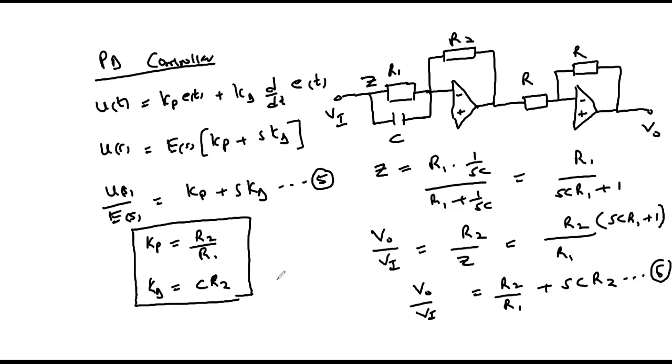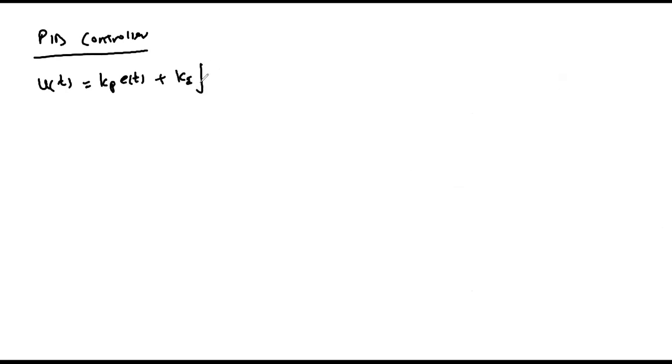Lastly, we look at the PID controller defined by u of t equals Kp e of t plus Ki the integral of e of t dt plus Kd d/dt of e of t.